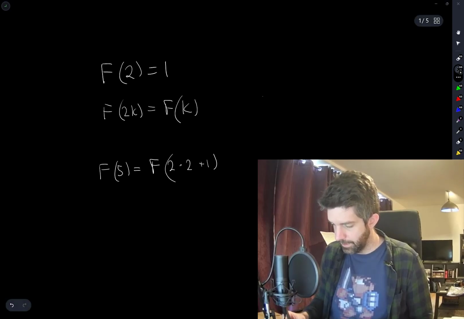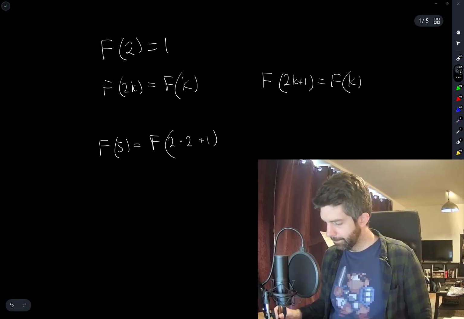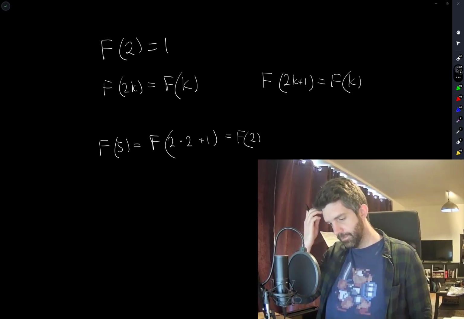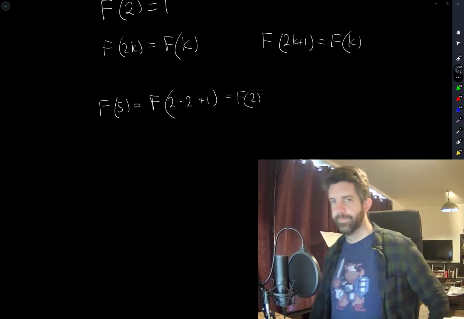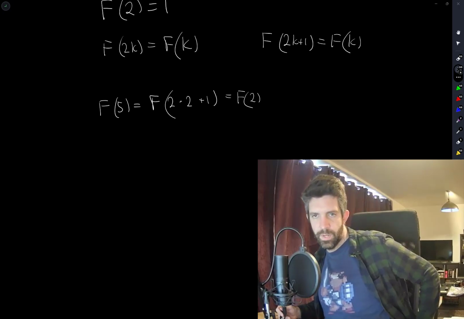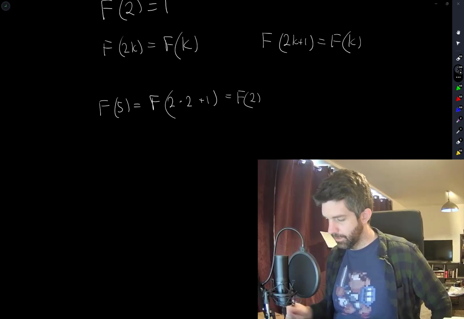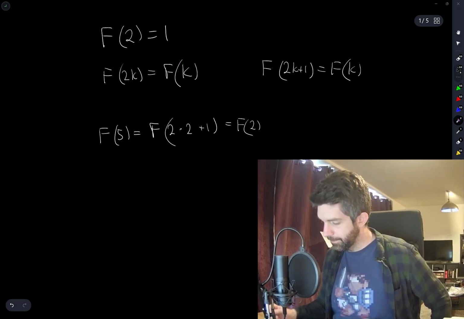Let me write down the other identity that we're given. So f of 5 is going to be equal to f of 2, which is 1. Well, the only way we're going to get a negative 1 is if, in building backwards through these recursions, we end up at f of 3.